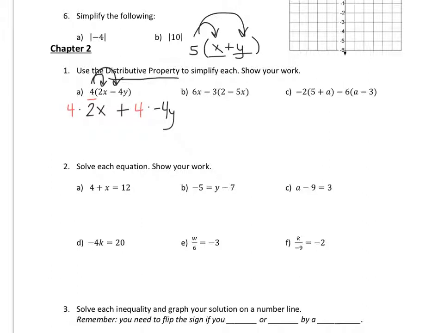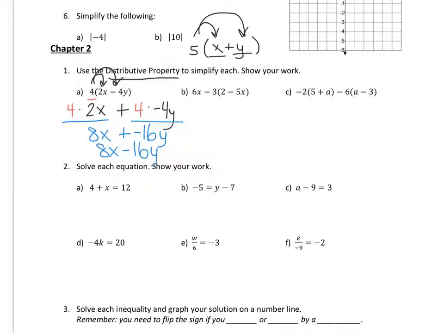So you have your 2x, negative 4y, and the 4 is in both. Now we're going to simplify both of these. 4 times 2x is 8x, plus 4 times negative 4y is negative 16y. So instead of adding a negative, I'm going to write it as 8x minus 16y.